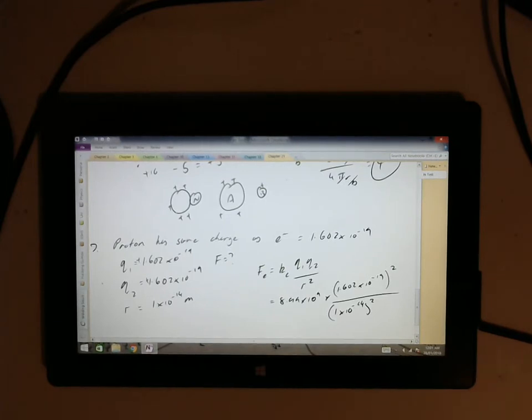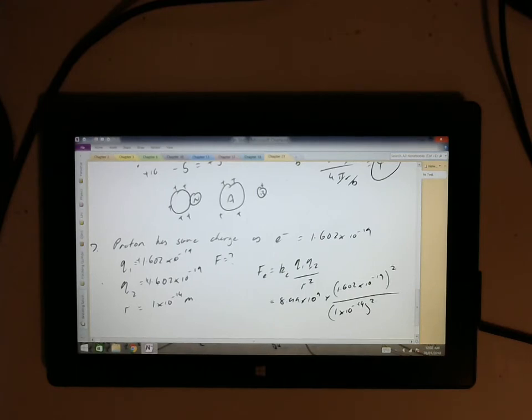Okay, I've managed to lose my calculator, so I'm just going to type this into Wolfram Alpha. So 1.602 times 10 to the power of negative 19, and all of that is squared. We're going to divide that by 1 times 10 to the power of negative 14, and we are squaring that.